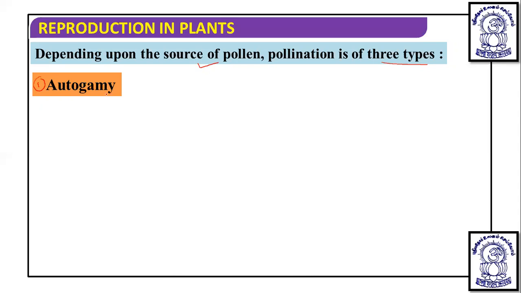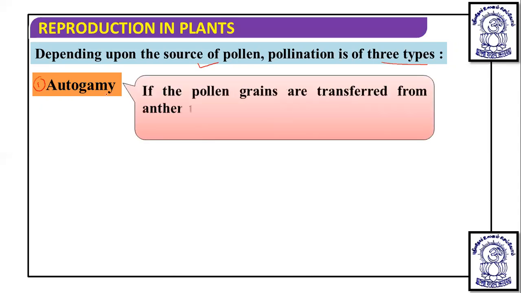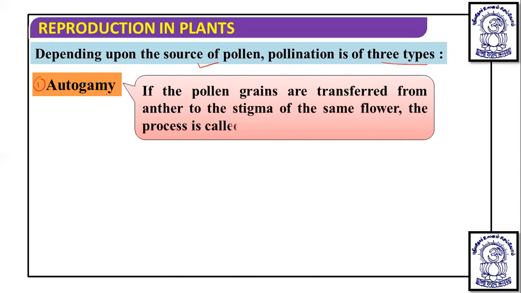Now what is autogamy? Auto, as the name itself suggests, means within a flower, and gamy here means pollination.